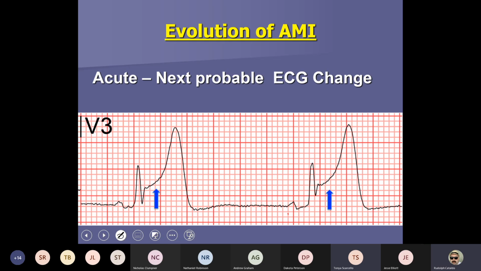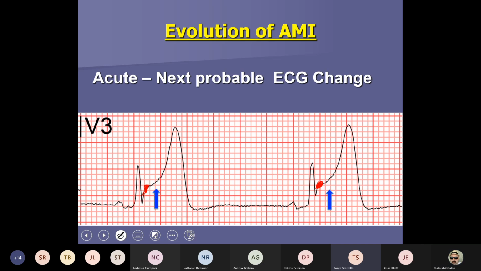After we see those hyperacute T waves, again, it will most likely progress to ST elevation as seen here. Now, this one's kind of tricky because the J point is right here on these, right where we're changing directions.